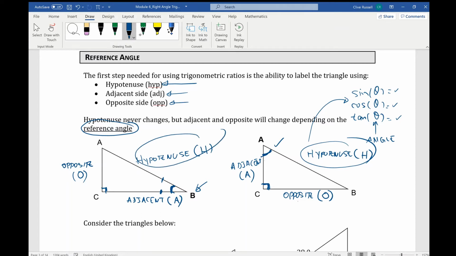Notice that this horizontal one was the opposite here, but now it's the adjacent on the left side. So the opposite and adjacent will depend on the reference angle itself. Okay.